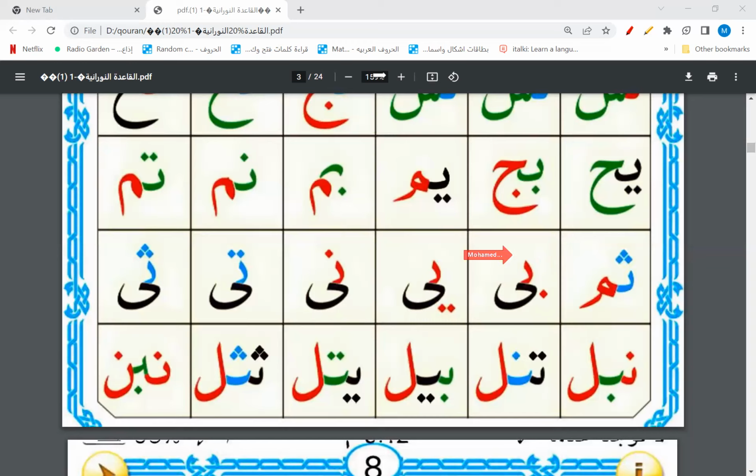By the way, we recognize the letters by the dots, not anything else. So I'll say that one is ba, ha. Yeah, the ha is confusing. Okay, that one, ta, ha. Very good. Next one.